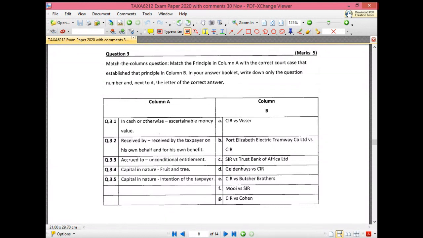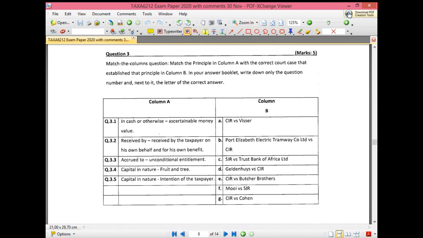Okay, now let's quickly see what court cases do they have there. They've got CRI versus Visser. Now we know Visser talks about the fruit and the tree. Okay, so let's quickly see if there's a fruit and a tree concept there on the left-hand side. So if we look at the left-hand side, we've got in cash or otherwise ascertainable money value. Number 2 is received by a taxpayer on his own behalf and for his own benefit.